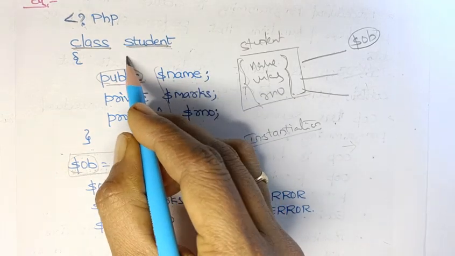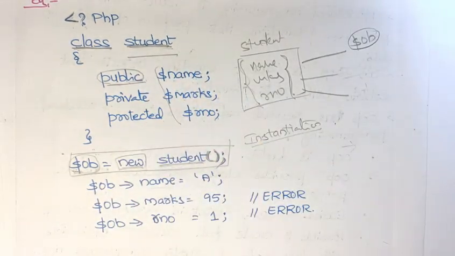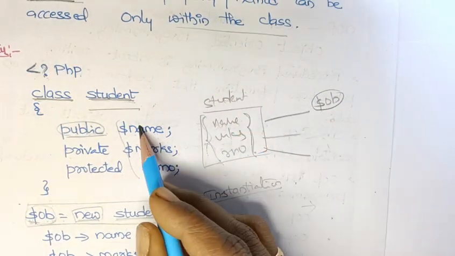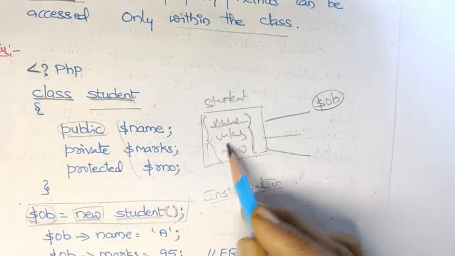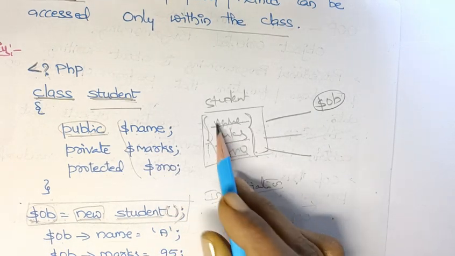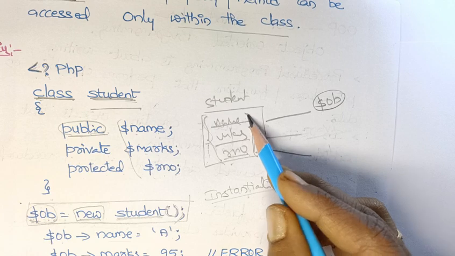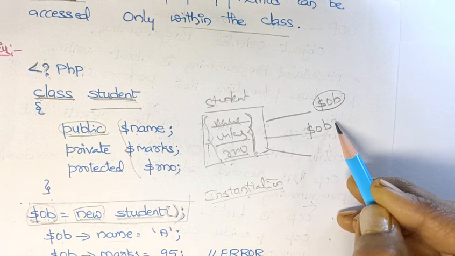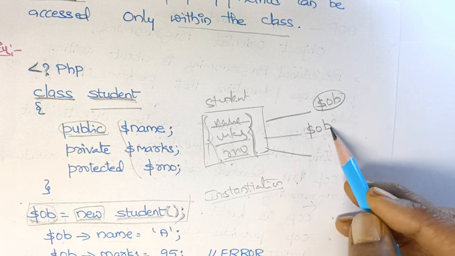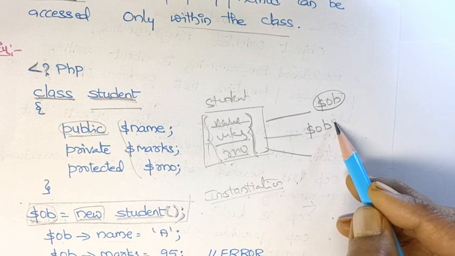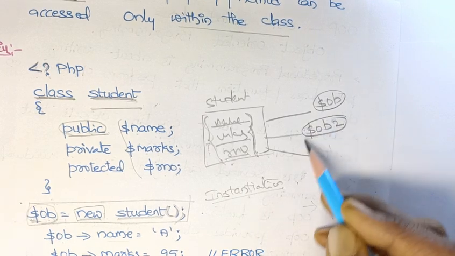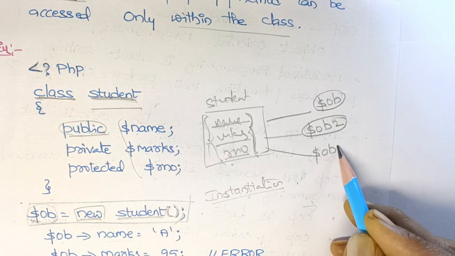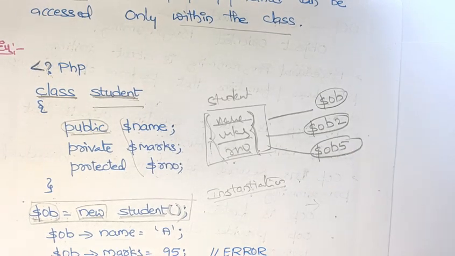And one more thing, for one class you can create any number of objects. Here student has properties like name, marks, roll number. These are all variables, and these variables can be accessed by any number of objects. For example, $ob1, one object is created; $ob2, one more object is created; $ob5, one more object is created, and so on.